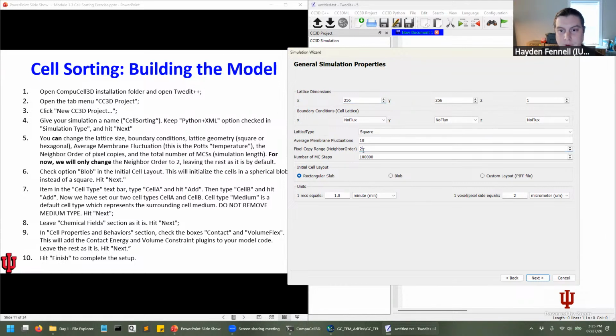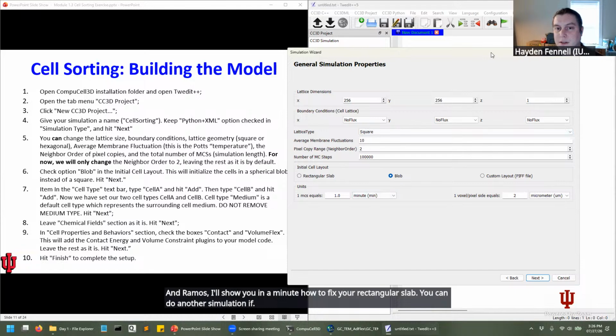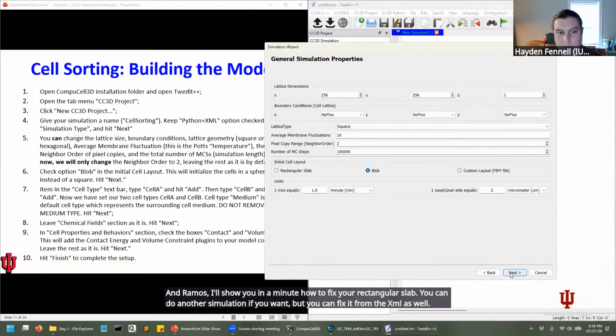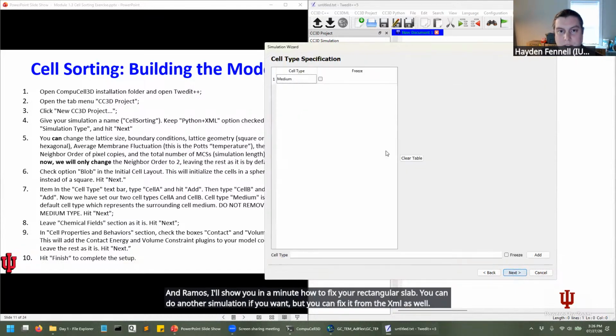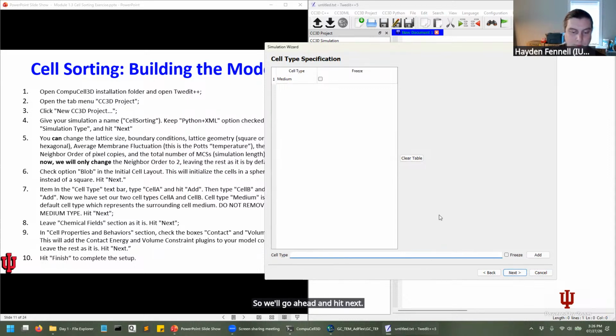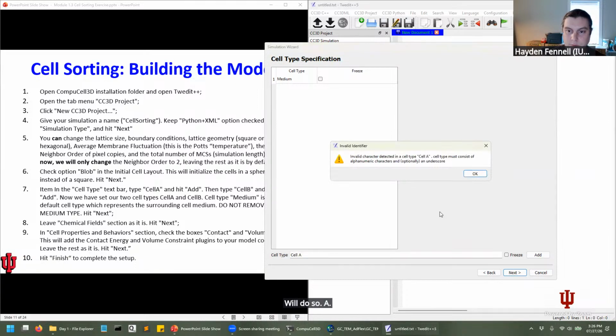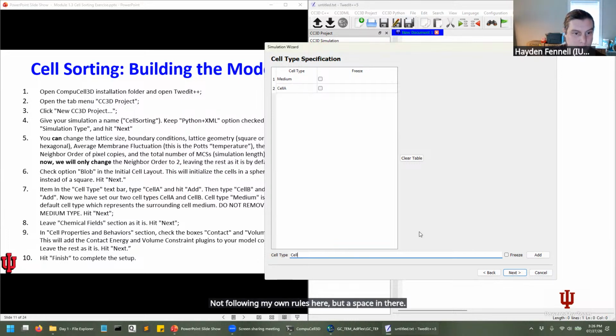I'm going to change neighbor order to 2 here, and then we'll click on Blob. And Ramos, I'll show you in a minute how to fix your rectangular slab. You can do another simulation if you want, but you can fix it from the XML as well. So we'll go ahead and hit next. We've got medium. We'll do CellA. Sorry, not following my own rules here. I put a space in there. CellB.